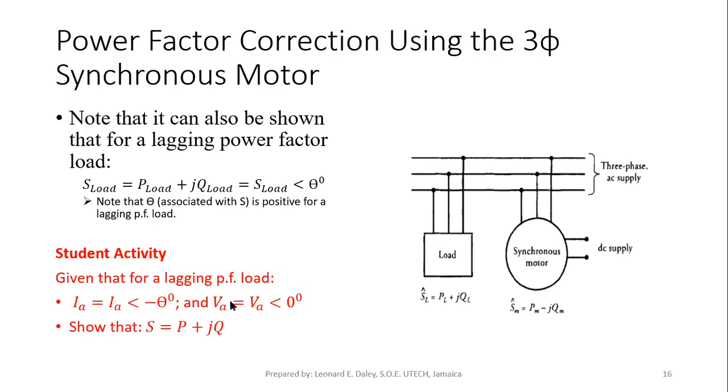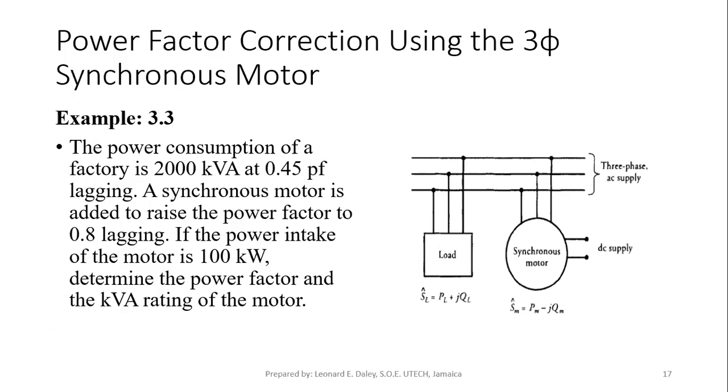Then you can use that, based on what we did before, to show that S is equal to P plus jQ. So every time you see something in red, it is something for you to do. I might not call on you to ask for it now, but it probably will appear at some other time.